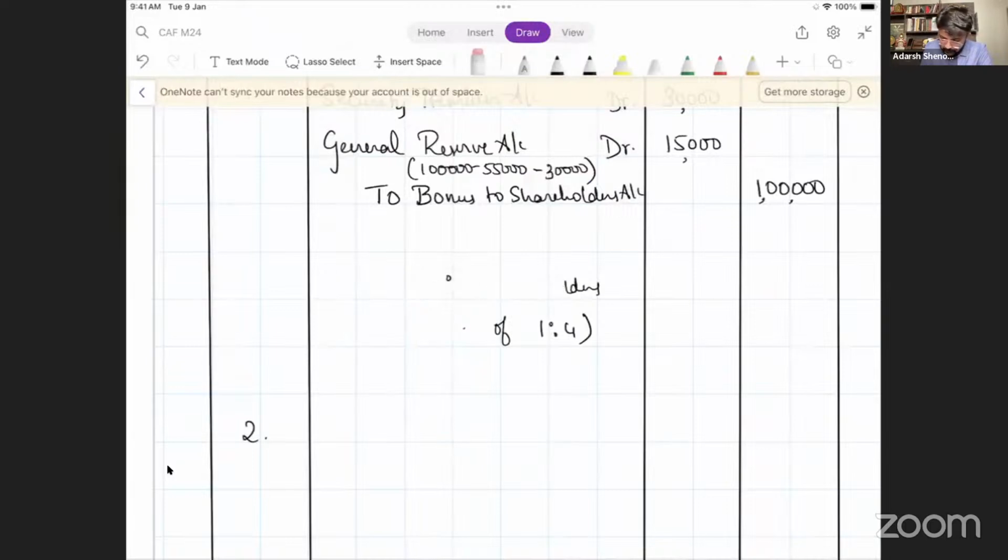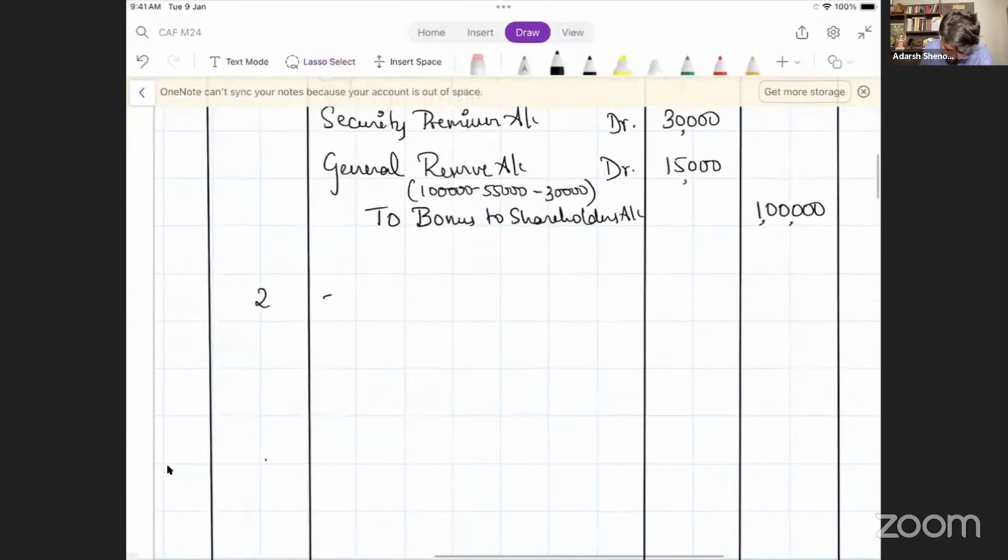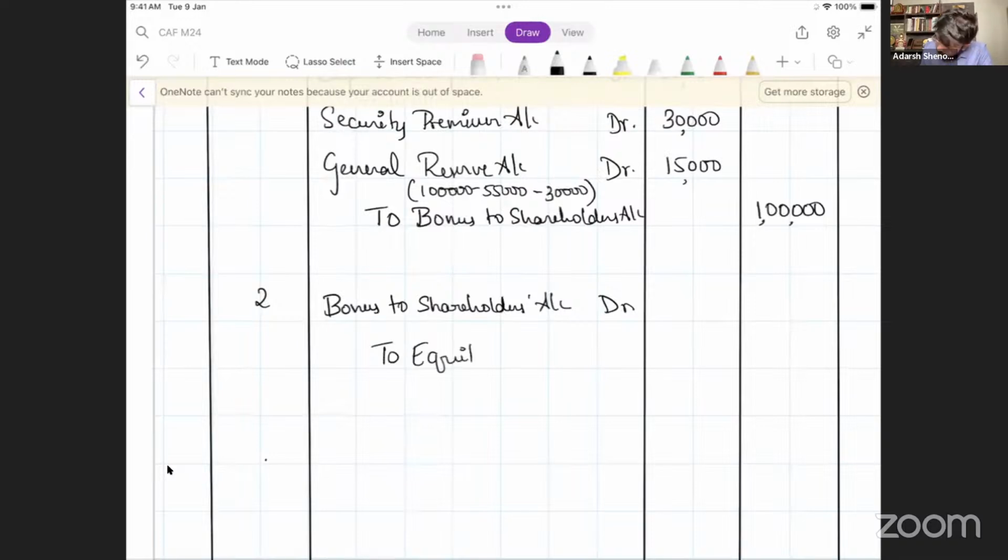What is the second entry? Second entry is to credit the share capital. Bonus to shareholders account debit. To equity share capital, one lakh.